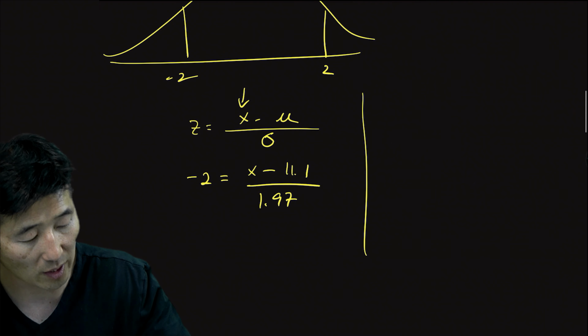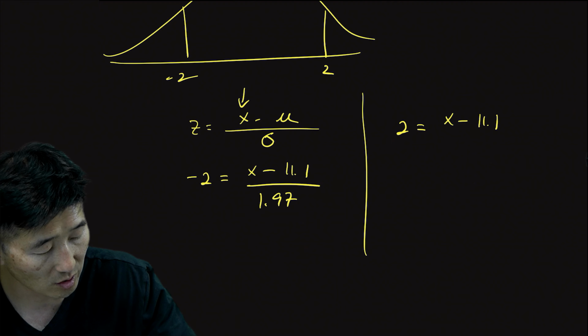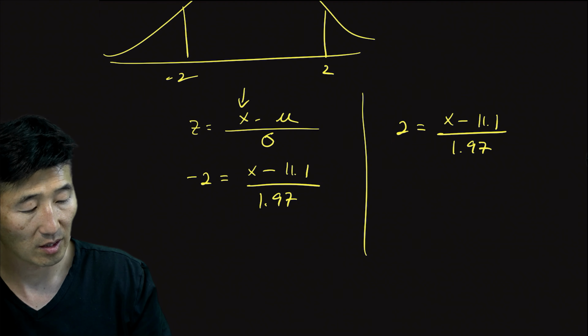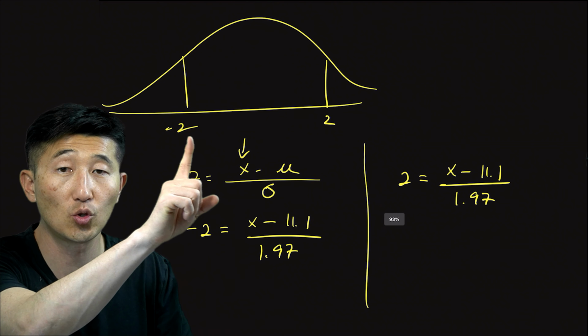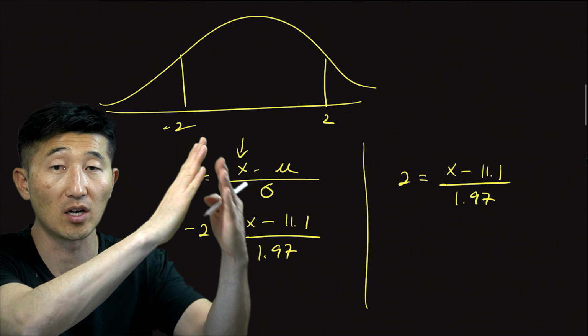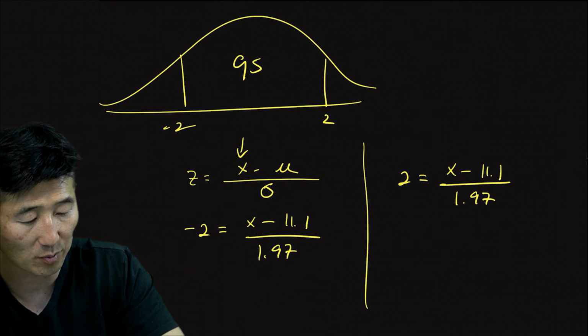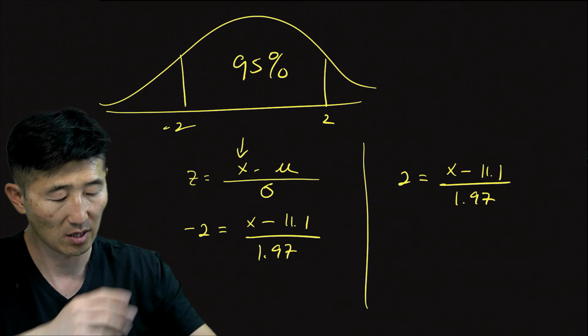And let me do one for +2: 2 equals x minus 11.1 over 1.97. So we want the actual weight when he's 2 standard deviations away on the left side and on the right side. So 95% of all cats weigh between this weight and that weight.